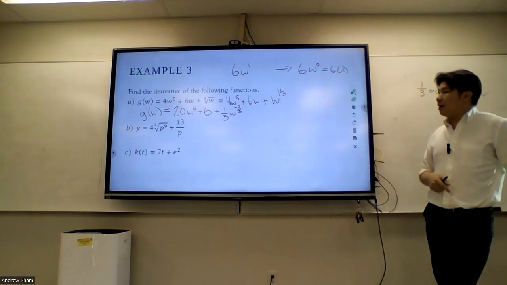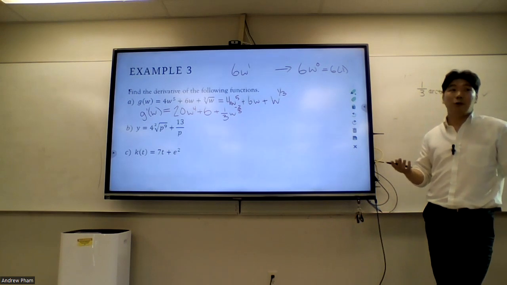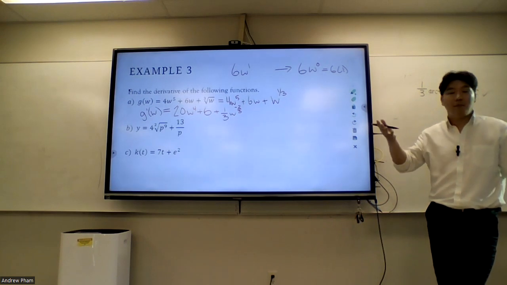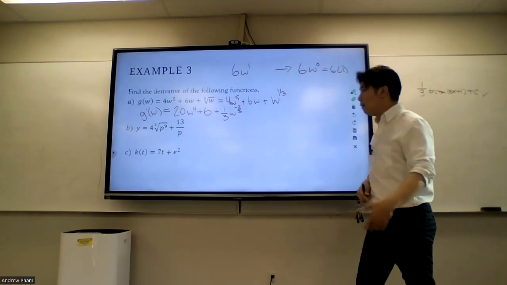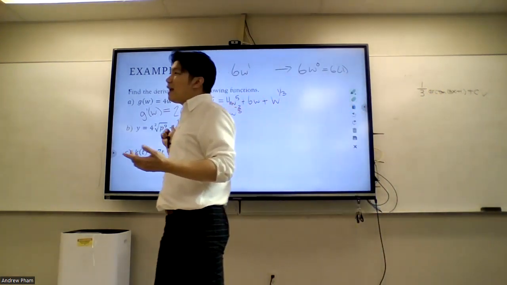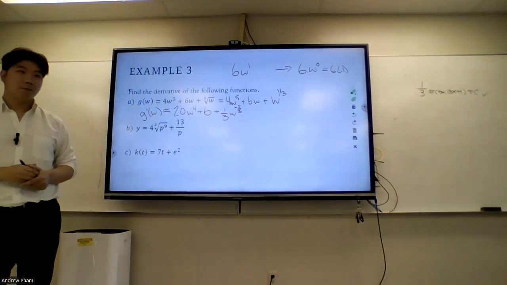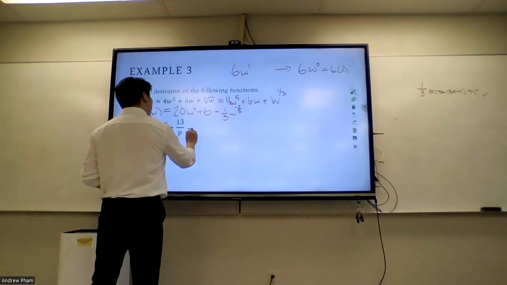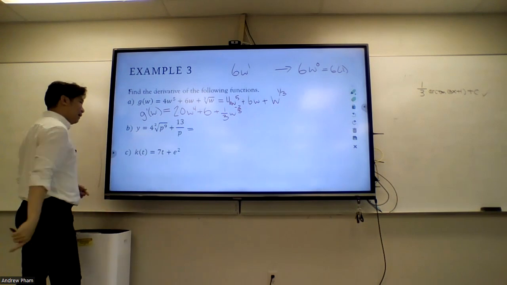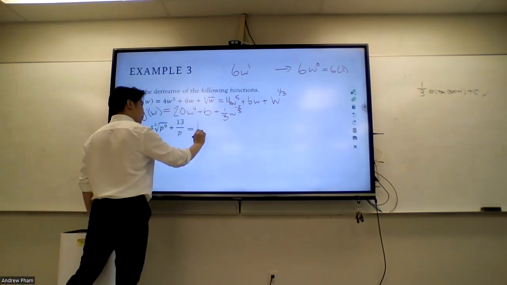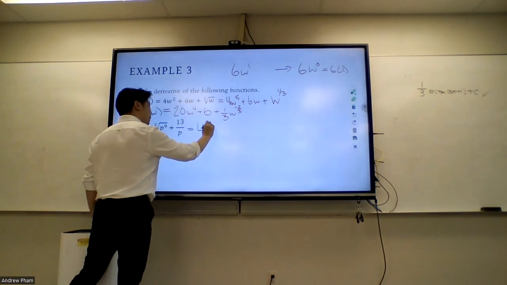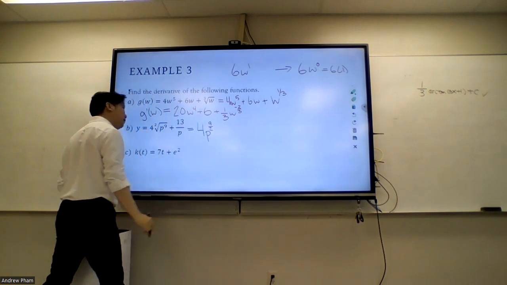All right, so let's go ahead and look at B. So clearly right now, I can't use the power rule yet because it's not p to a power for each part, actually. But fortunately, it looks like I can rewrite this pretty quickly. How am I going to rewrite this y of p function? Yeah, 4 times p to the 9/2 power.